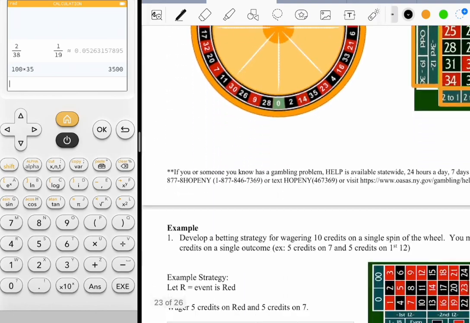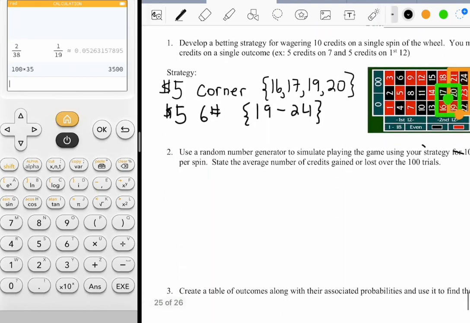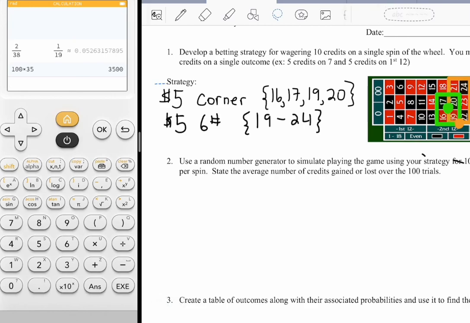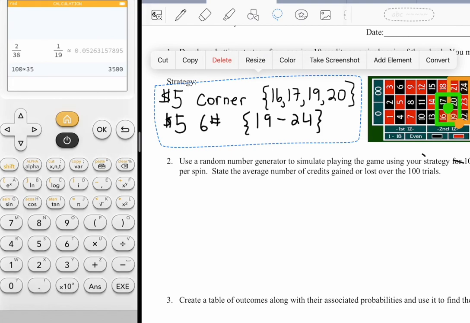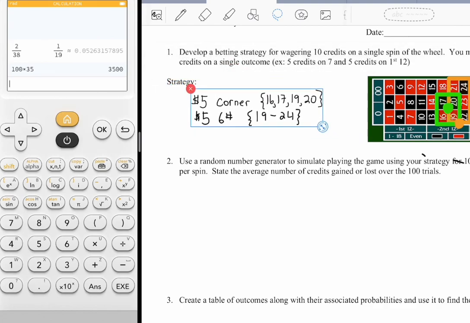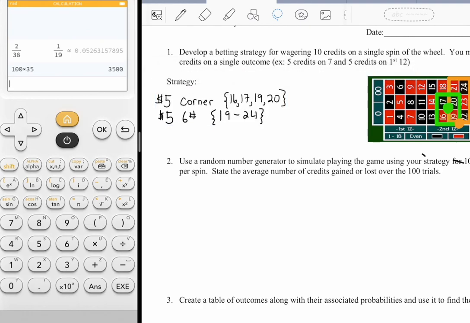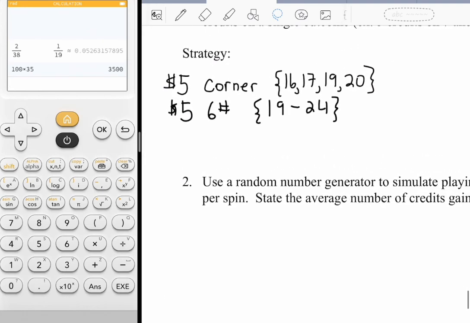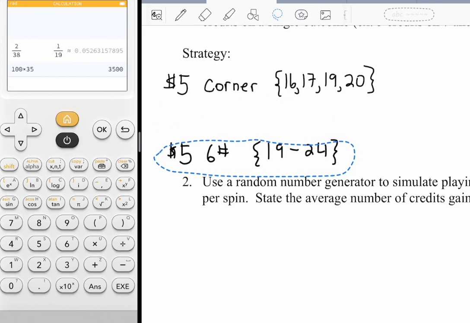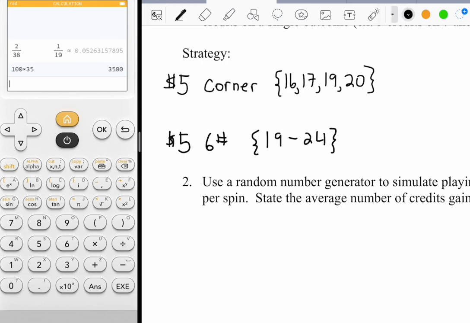But then this is where it gets interesting. I now have to figure out what I would win if I landed on these values. So for the $5 corner bet, that pays at 8 to 1. The 8 multiplied by the 5 would give me $40.